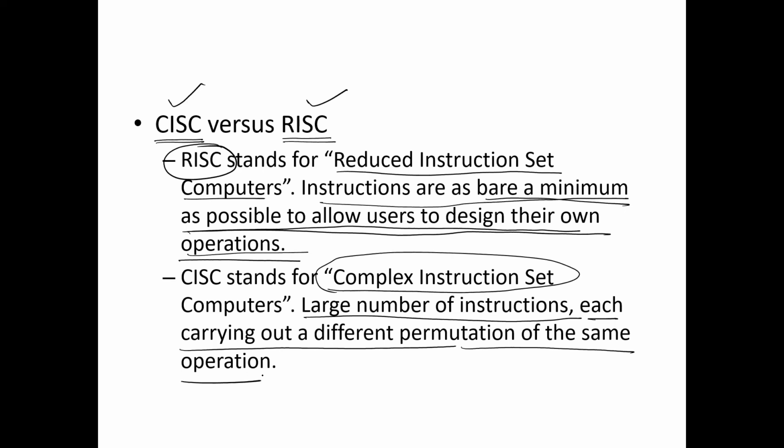That means to do an operation, there are different types of instructions available in CISC computers. That means multiple ways are available to perform one job in the CISC instruction set computers.